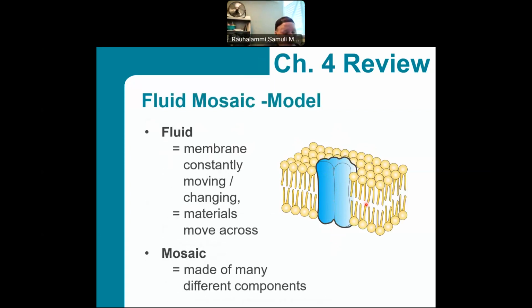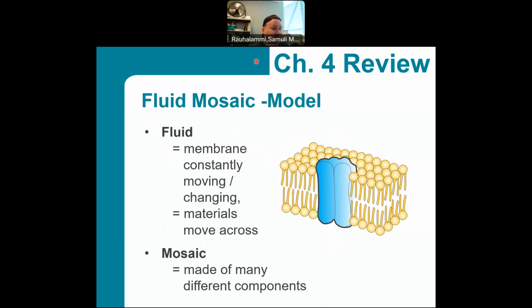Often when we talk about cell membranes, we talk about the fluid mosaic model of a cell membrane. By that, we mean two different things. First of all, with the word fluid we mean that cell membranes are constantly changing and moving. So all the diagrams that you see tend to be a little oversimplified. They're very dynamic structures. The proteins, for example, are constantly moving around, flipping their sides, and so on.